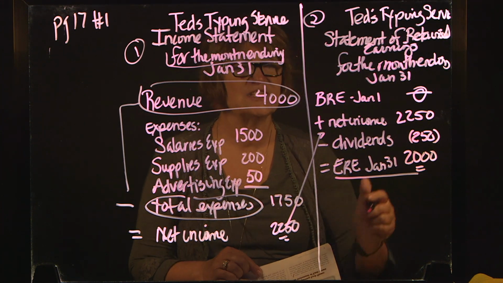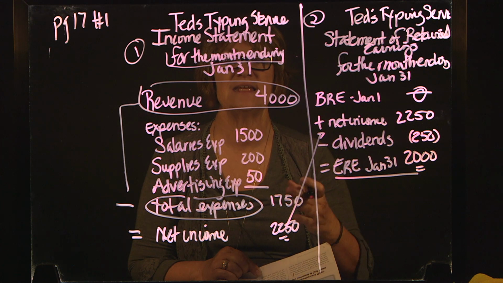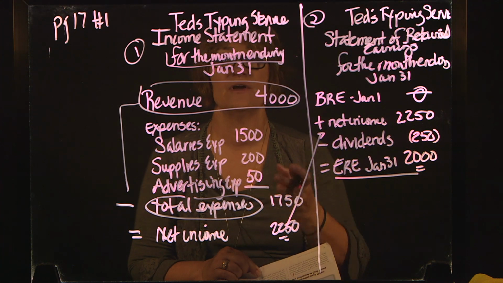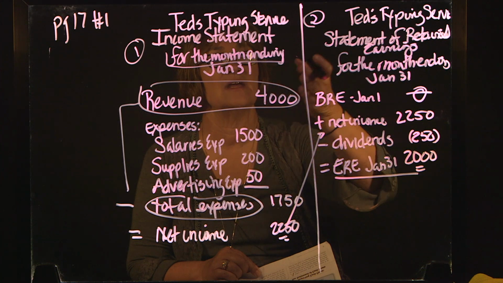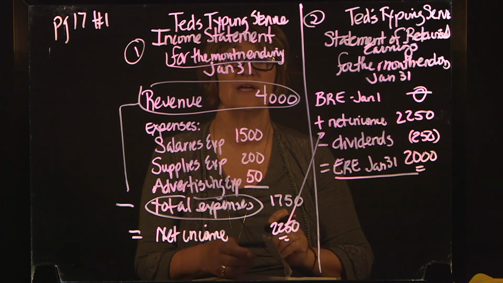Okay? This statement of retained earnings actually links the two statements together. It links the income statement to the balance sheet, which is what we're going to go ahead and do here in a minute.